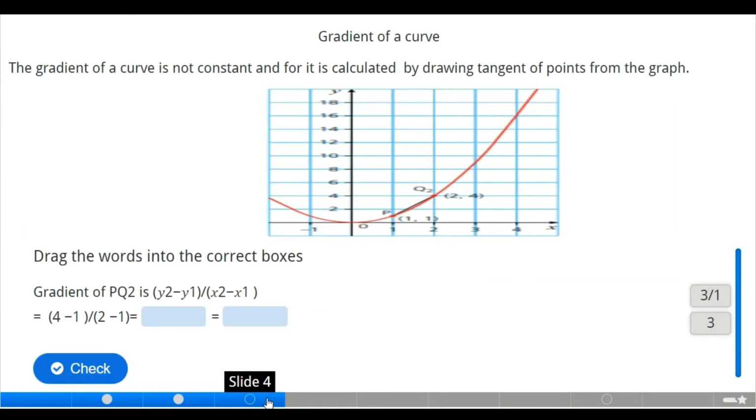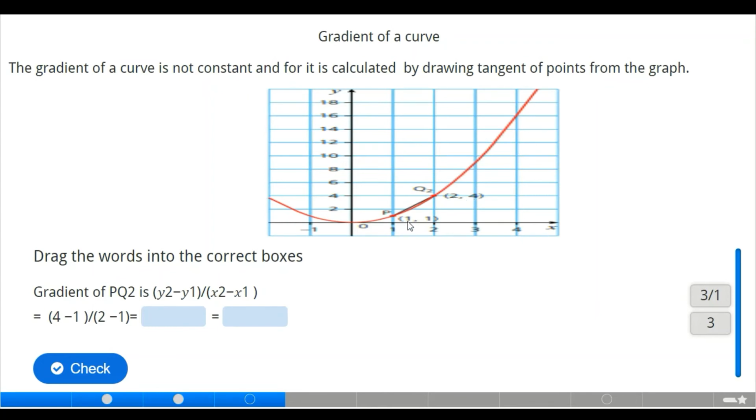Now let's look at the gradient of a curve. The gradient of a curve is not constant, and for it to be calculated, we have to draw a tangent at points on that graph. Now we have a curve here, and we have already drawn a tangent on this graph. So Q is what? Q is (2, 4), where x2 is 2 and y2 is 4.